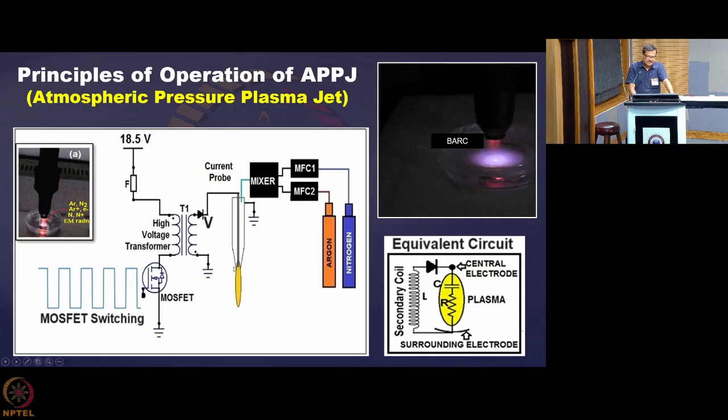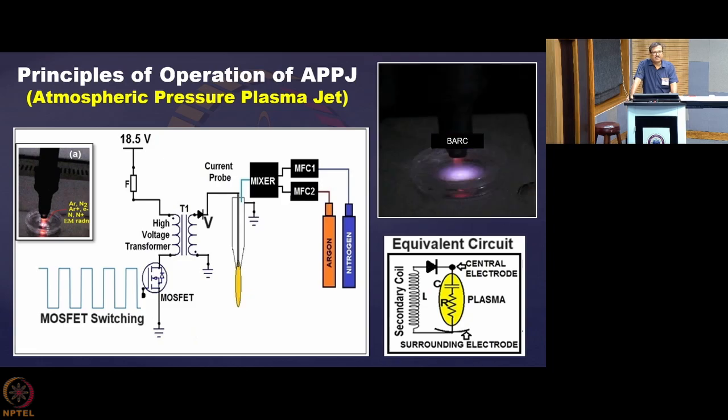So the gap between the central electrode and the ground electrode is the lowest at this zone. Wherever the gap is smallest, because of the high voltage, that breaks. And the gap you usually keep around say 1 millimeter to less than 2 millimeter. So that gap is broken.